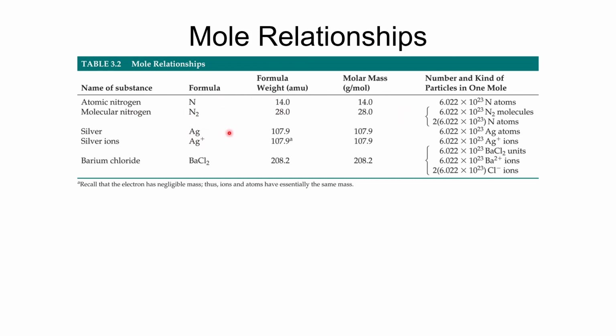Another thing I like to point out is, here we've got silver and silver ion, and we can do moles of either of these, but you'll notice that the formula weight comes out essentially the same. That's because the mass of the one electron is so small that it would not show up in the 10th place, not in the 100th place, not even in the 1000th place, but in the 10,000th place is where you would really start to see that number show up.